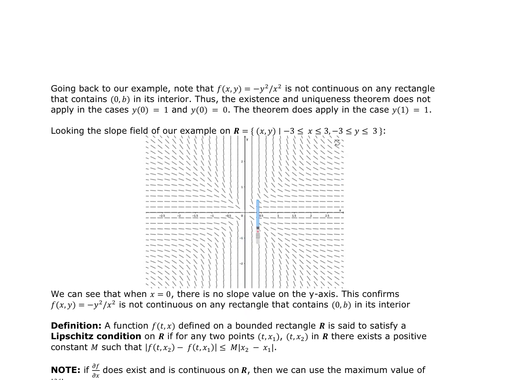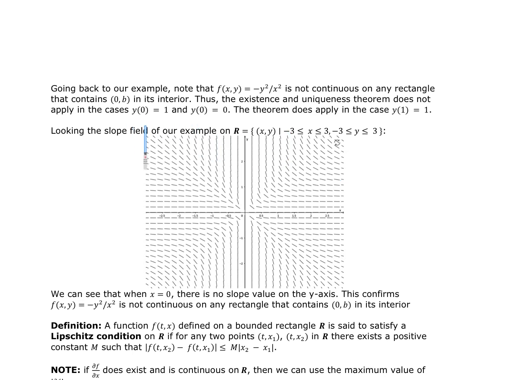So if I choose this rectangle right here at the origin, going from negative 1 to 1 in the x direction and negative 1 to 1 in the y direction, this rectangle here will not be continuous. That's because it is negative y squared over x squared, and if x was equal to 0, then obviously it's undefined.